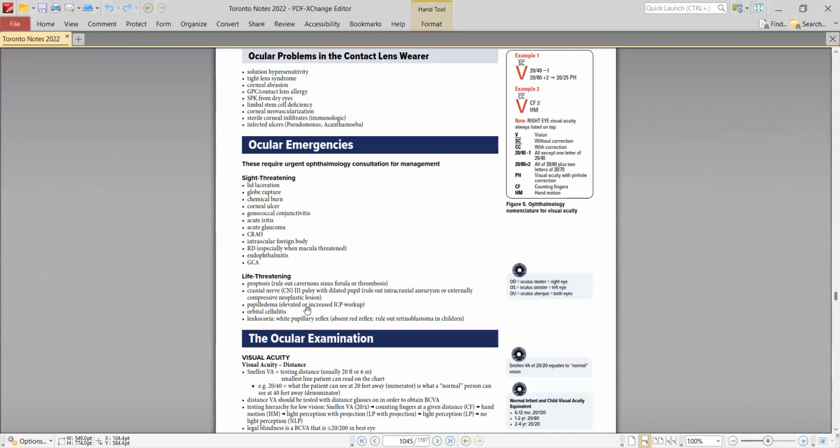Papilledema, it is important to rule out because it indicates elevated intracranial pressure. Papilledema is very, very important. If the patient has meningitis, you have to do the eye examination in detail, like retinal examination, to rule out papilledema.